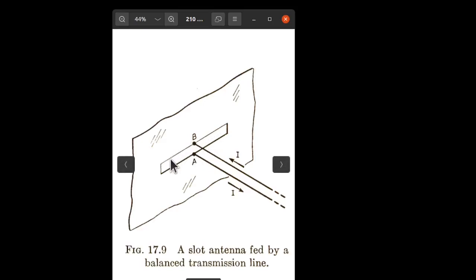In other words, this is open, this is just air, this is all metal, surrounded by air of course, and it's fed with a balanced feed. You can think of this as twin line at these 2 points. And this is a slot antenna, and it acts exactly like a horizontal antenna.